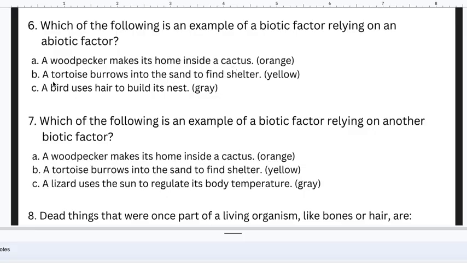B, a tortoise burrows into the sand to find shelter. C, a bird uses hair to build its nest. A biotic factor relying on an abiotic factor.